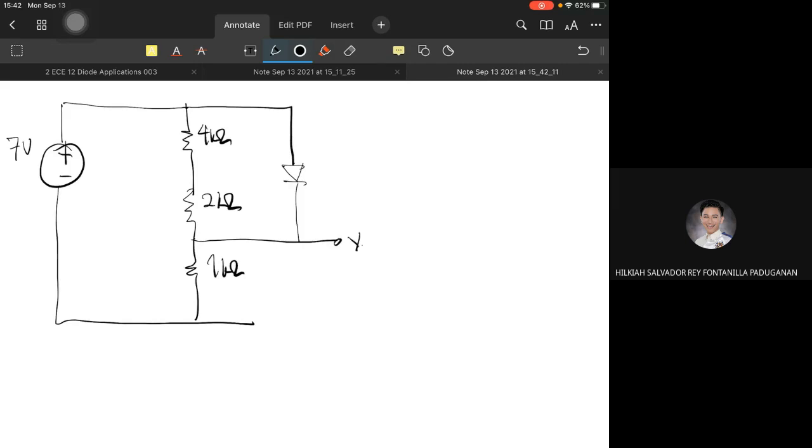This is V out. Solve for V out in all diode and current diode currents.